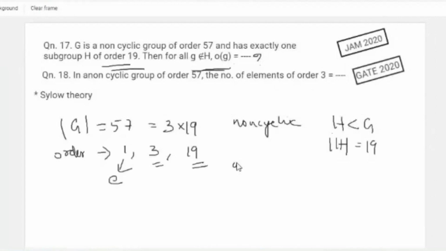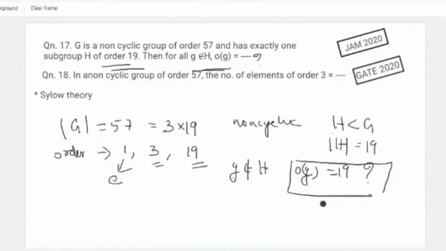If we choose an element g not in H, can the order of g be 19? That generates a group of order 19, and that will be H itself. But g is not an element of H because there is only one group of order 19. So it cannot be equal to 19.